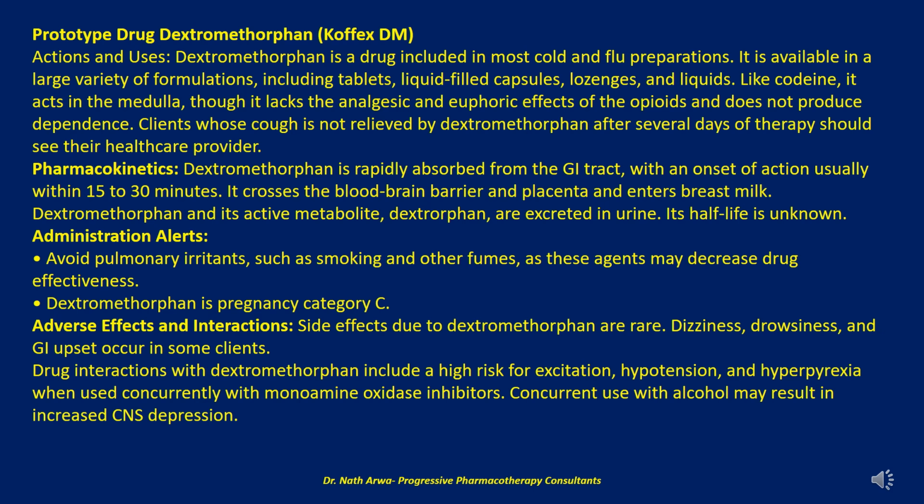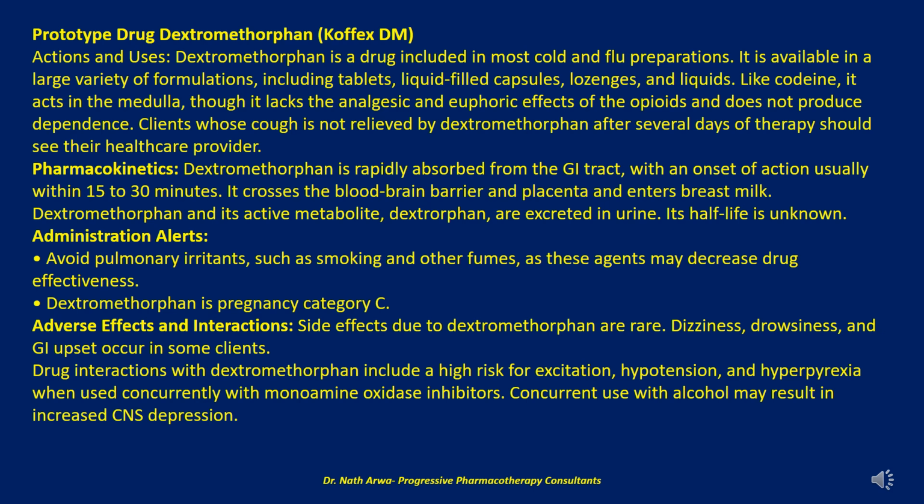Next we will look at a few administration alerts. 1. Avoid pulmonary irritants, such as smoking and other fumes, as these agents may decrease drug effectiveness. 2. Dextromethorphan is pregnancy category C. Next we will discuss its adverse effects and interactions. Side effects due to dextromethorphan are rare.